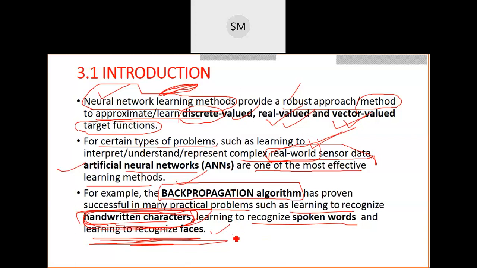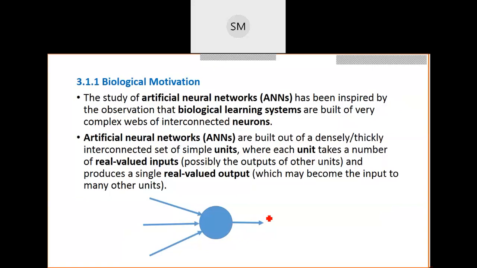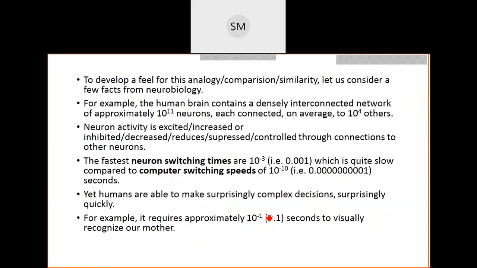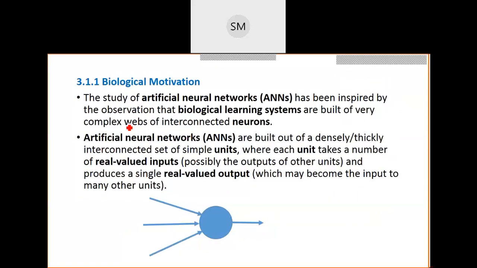Okay? Now, the biological motivation. Why did people start to use neural networks, particularly artificial neural networks? The main motivation was inspiration from the biological neural network. Just now I told you that artificial neural networks are inspired by biological learning systems.